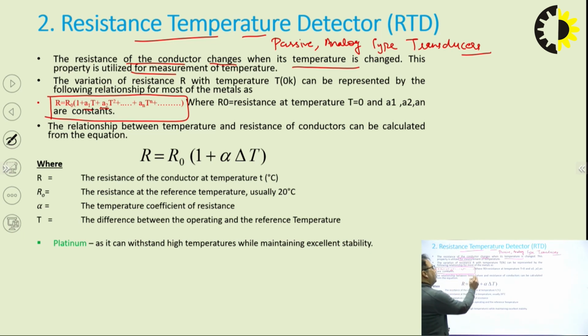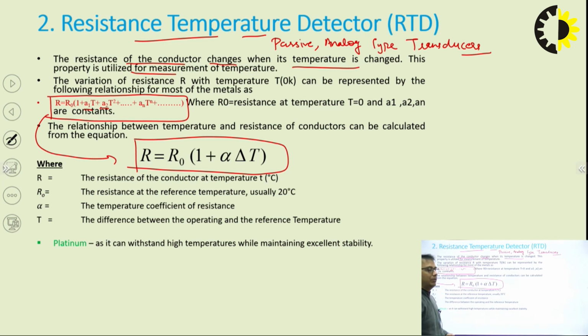But this is quite a complicated equation. We approximate this equation as a first order equation, where R is equal to R naught (1 plus alpha delta T), where R is the resistance of the conductor at temperature T, the temperature at which we are working, and R naught is the resistance of that conductor at some reference temperature. That reference temperature may be our room temperature or say 0 degrees, but we generally take it as 20 degrees Celsius.